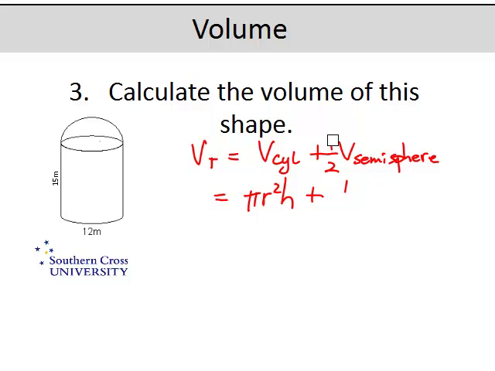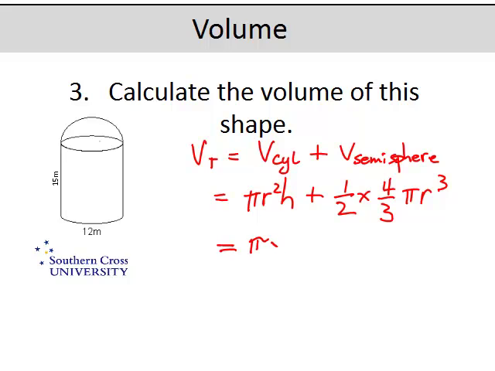Okay, we need to sort that one out. It's the volume of the semisphere, which is half the volume of a sphere. And a sphere volume is 4/3 pi r cubed. That's one of those formulas that you need to learn, I would suggest.